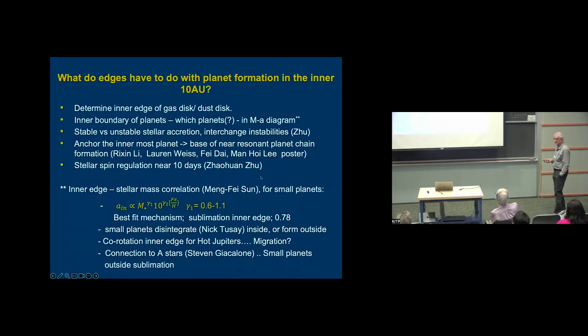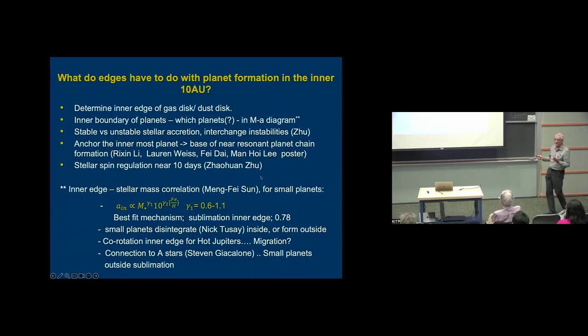So what do edges have to do with planet formation in this inner region? Well, we're determining the inner edges of the gas and dust disk. That's what the edges are. This provides an inner boundary in the MA diagram. We just saw that. Depending on the spin of the star and the interaction with the inner disk, we can have stable versus unstable stellar accretion modes.